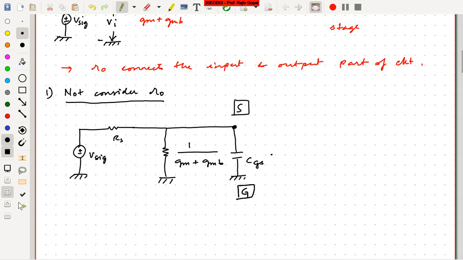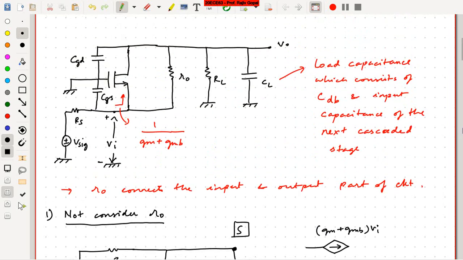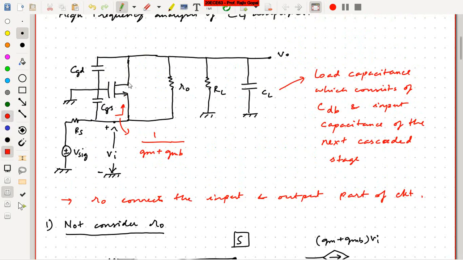Right? So now I'll draw the drain side. Here I will get a current source, gm plus gmb into Vi. Now what is this current? This current is the one which is flowing here. Remember, the voltage at this point is Vi, and the resistance seen at the source side is 1 by gm plus gmb, right?